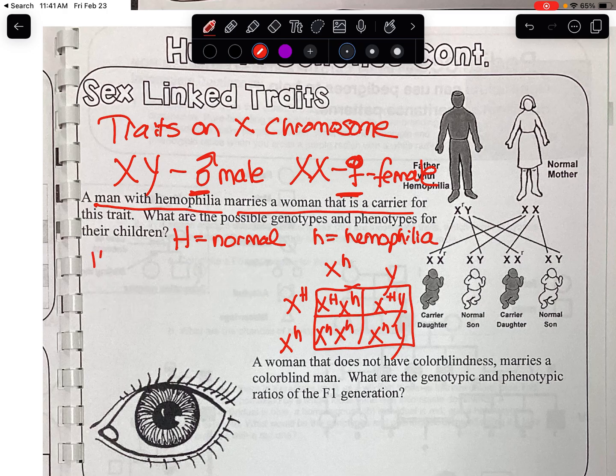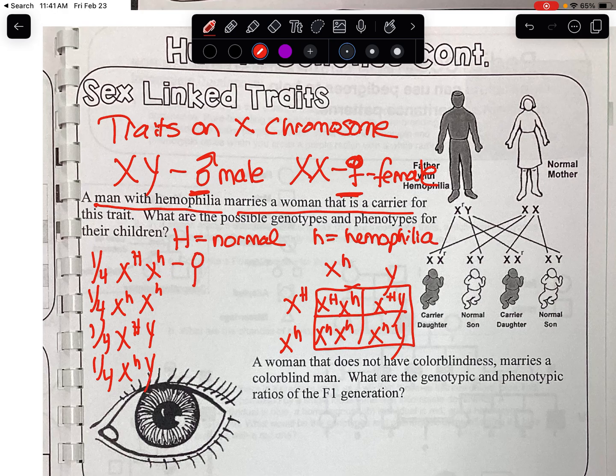We have 1 out of 4, X big H, X little h. 1 out of 4. I like to put my girls together and then my boys. Oops, that's a 4. That looks bad. So I could go girl, female, right?